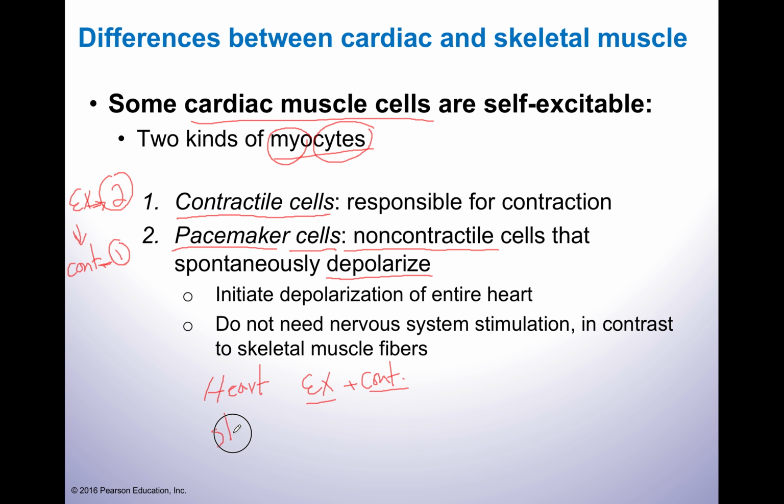Your skeletal muscle cell, for the excitation, relies on the nervous system, but for contraction, you rely on the actual muscle. But for the heart, you're doing both of them within the heart. So the heart is, in another sense, independent of your nervous system when it wants to create electrical impulses, or the depolarization action that causes excitation.